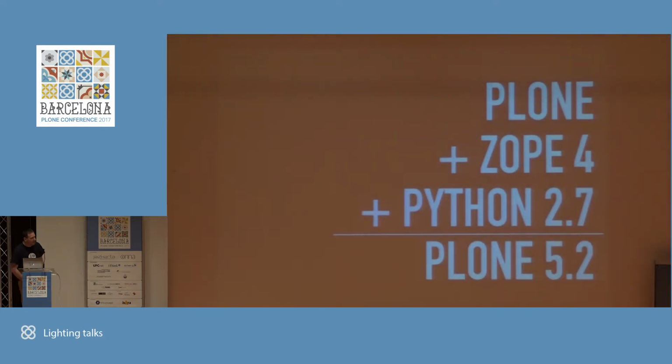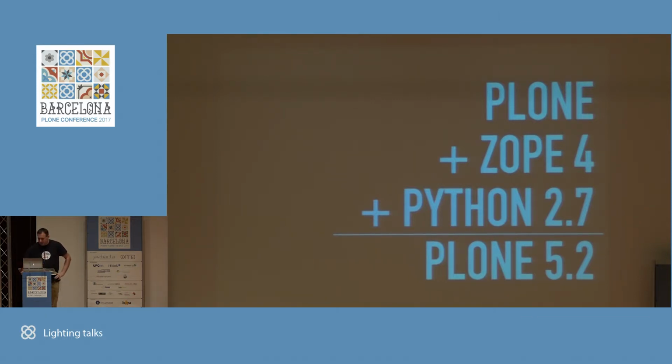So let's just sum up the back-end story about Plone 2020. We're very quickly getting to a position where we can have a Plone release that has Zope 4 running on Python 2.7, and we'll probably call it Plone 5.2. That's definitely not my decision, but it's what we discussed at least yesterday.